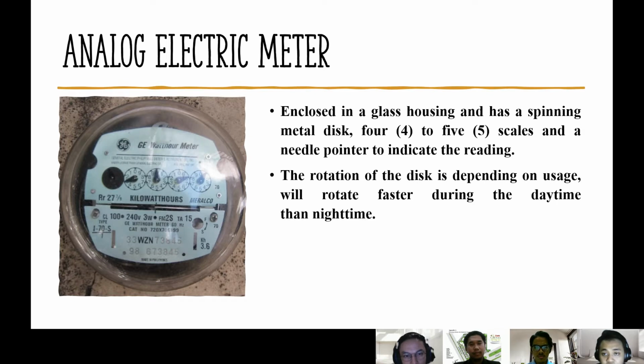This meter is enclosed in a glass housing and has a spinning metal disc below the scale of the meter. The scale can be 4 or 5 dials, and each has a needle to point at which number the electrical usage has reached. The rotating disc spins faster during the daytime compared to the nighttime, as we use more electricity in the daytime.